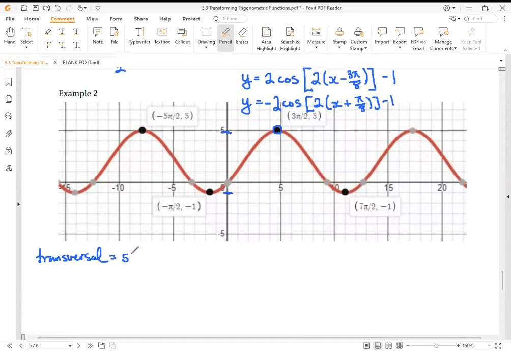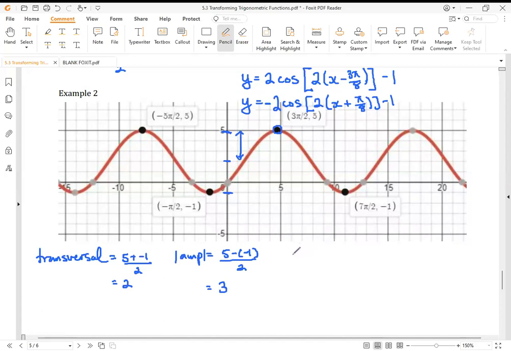So 5 plus negative 1, divided by 2, is 2, which makes sense, as there's my dotted line. My amplitude, the absolute value, is 5 minus negative 1, over 2, which is 6 divided by 2, that's 3, which makes sense.